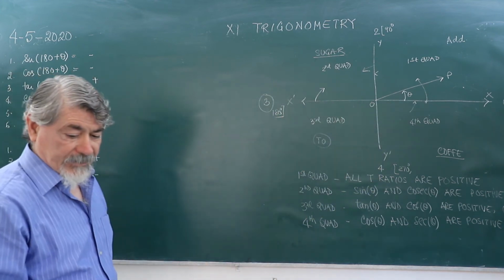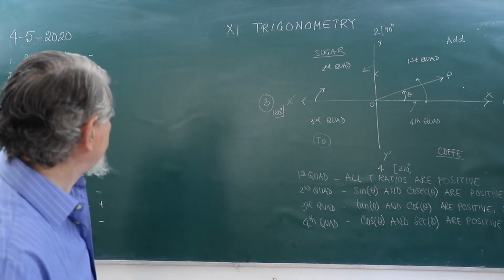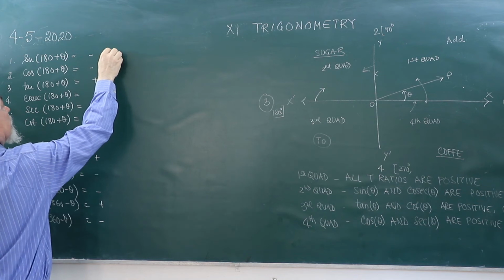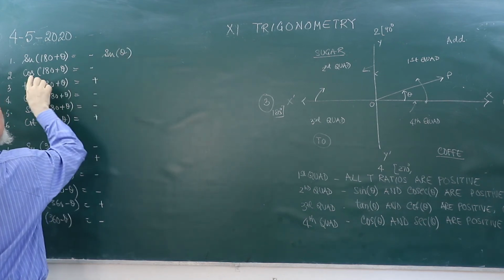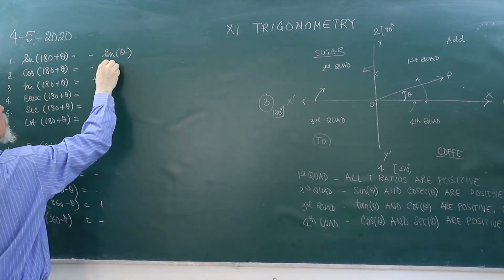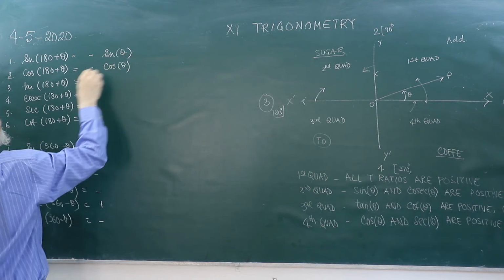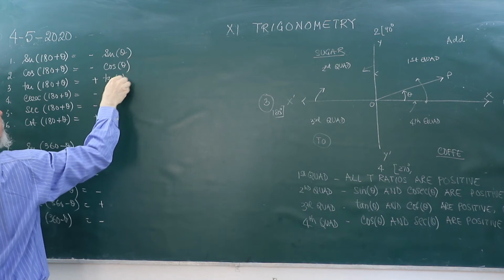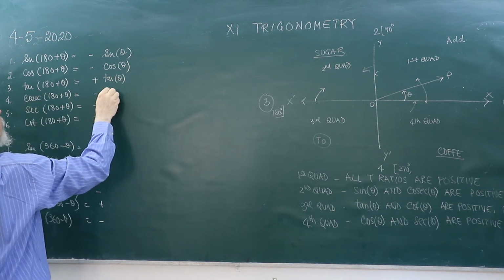sine will remain sine. Sin(180 plus theta) will be minus sin theta. Cos(180 plus theta) will be minus cos theta. Tan(180 plus theta) will be plus tan theta. This will be minus cosec theta.